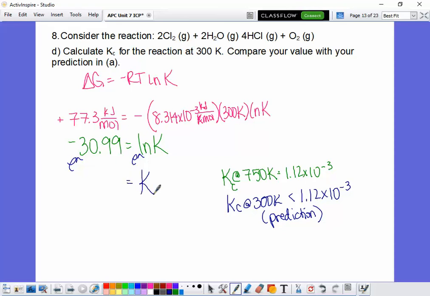What do you get as your K? Negative 14? Is that what you said? Is that smaller than 1.12 times 10 to the negative 3? Yes, it is. Our prediction is good. Cool? Makes sense?